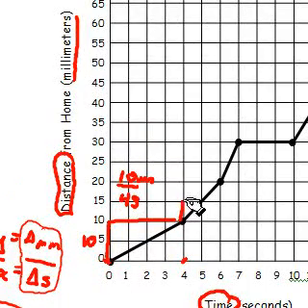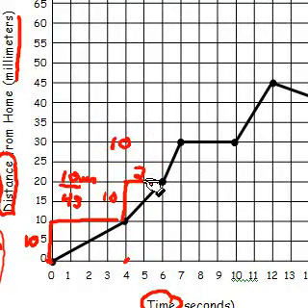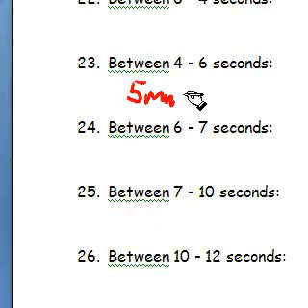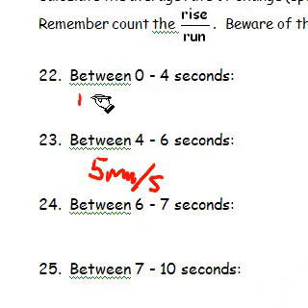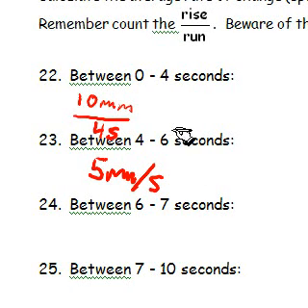Our rise right here is 10 again, and our run was 2, so our rise over our run will be 10 millimeters over 2 seconds, which equals 5 millimeters per second. So I'll go ahead and write 5 millimeters per second. And this one was 10 millimeters per every 4 seconds, and I'm just too lazy to divide that out to get the unit rate.